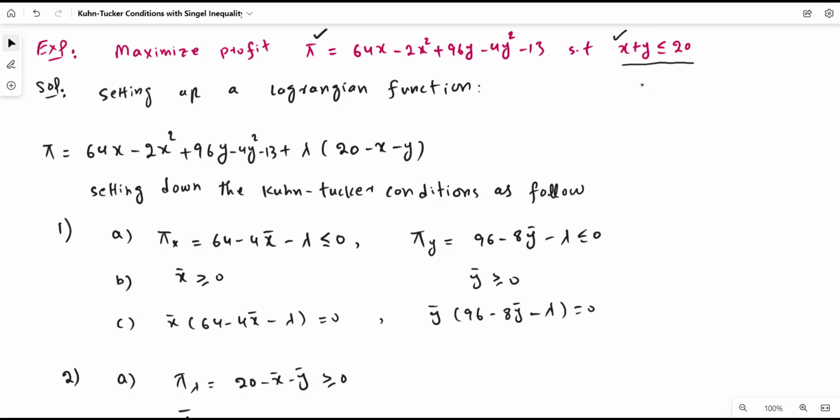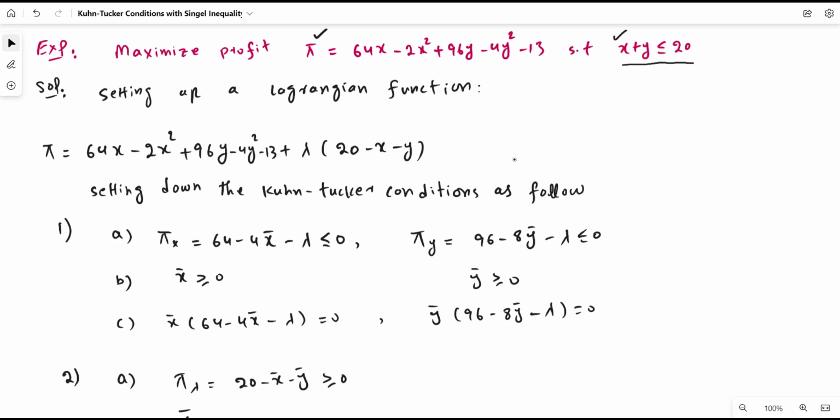Note that in the simple Lagrangian multiplier method, in which we use the equality constraint, there is no restriction over whether you shift the left hand side to the right hand side or the right hand side to the left hand side. But in the case of Kuhn-Tucker conditions, you have to shift the left hand side to the right hand side carefully. All right. So this is the Lagrangian function, right?